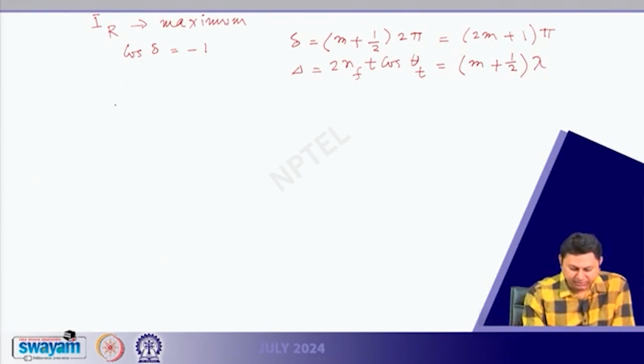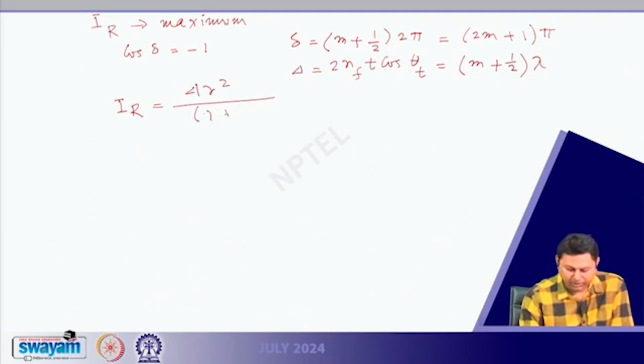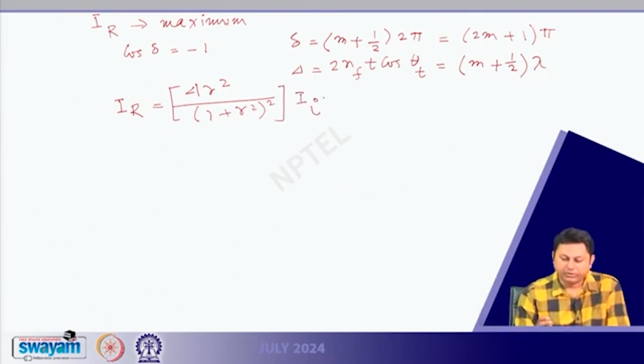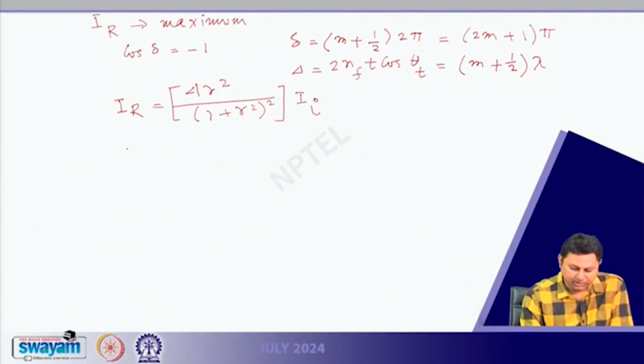Under that condition, IR is equal to 4r squared divided by (1 plus r squared) whole squared, times II, from the previous expression.